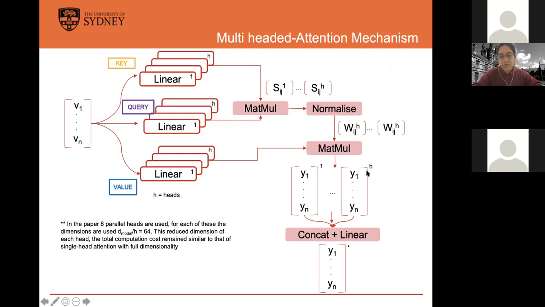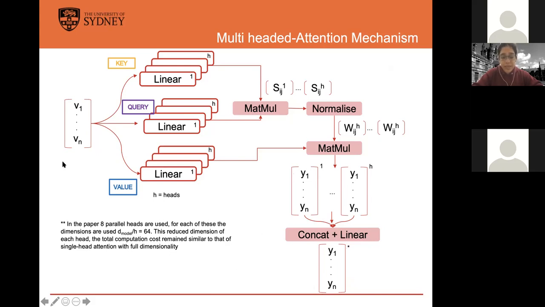To get back to the similar dimension, all the outputs will be concatenated and then passed through a dense layer. So you get the final output as a similar dimension to your input.